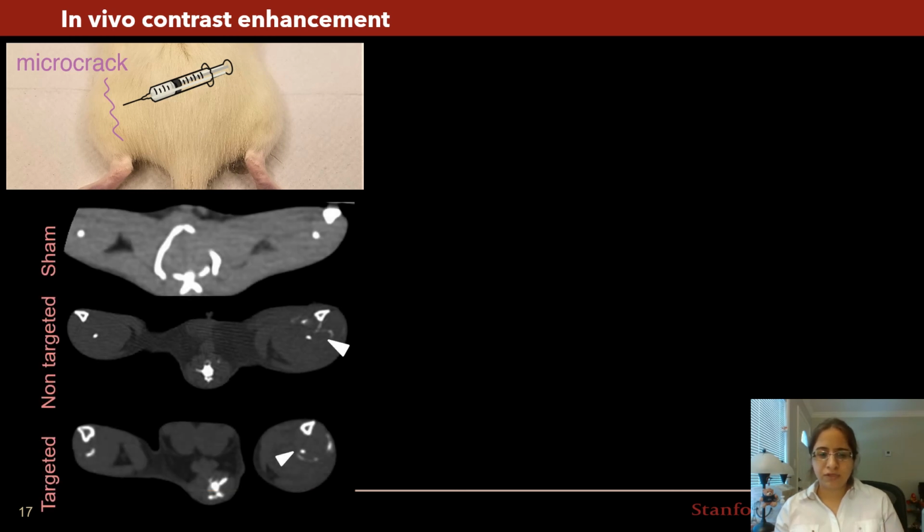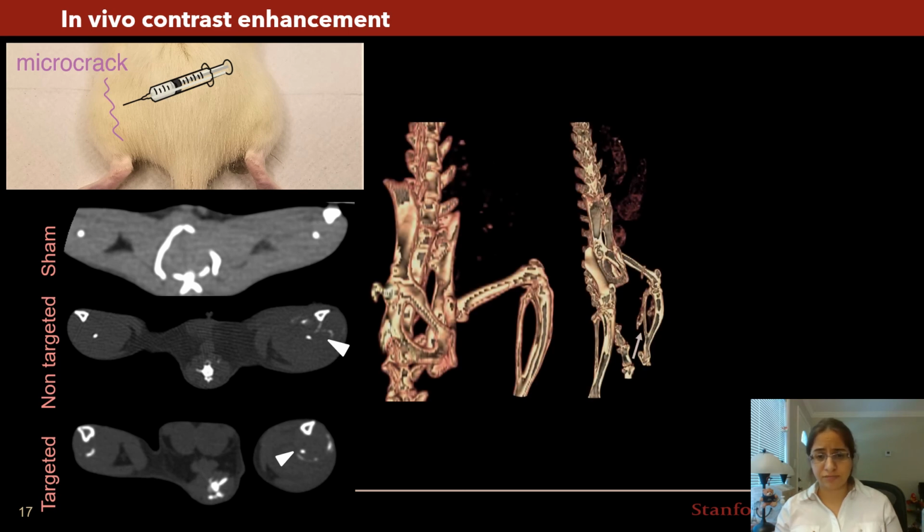This is the conventional CT image of the non-targeted and targeted nanoparticle injected animal, and this is a sham operation. Here you can appreciate that we indeed observe an enhancement in the X-ray attenuation signal as a result of the fact that hafnium is a dense metal.